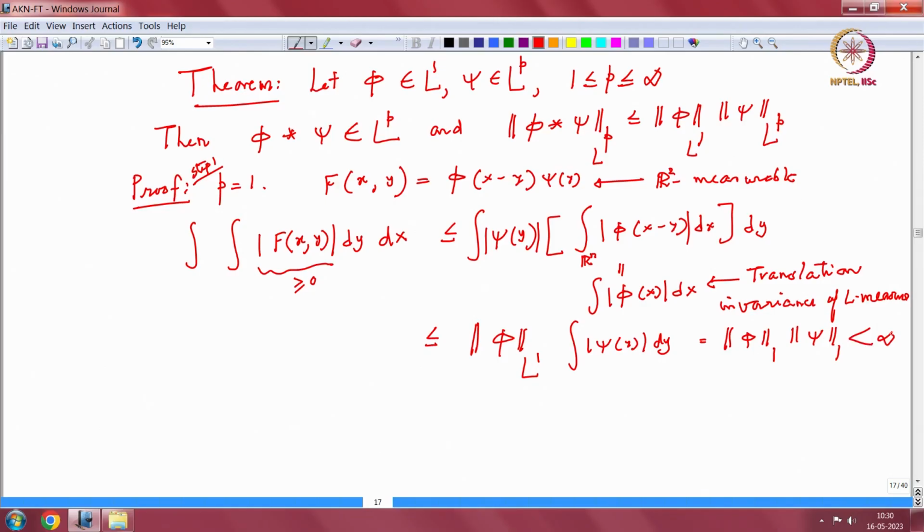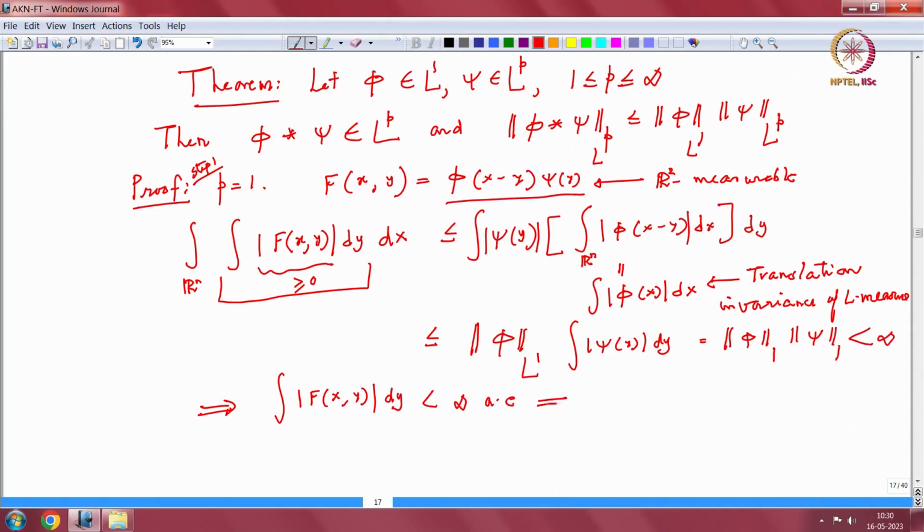If the integral over Rn is finite, that implies the integrand is finite almost everywhere, which implies the integral of modulus of f of x minus y dy, keep this in mind, is finite almost everywhere.